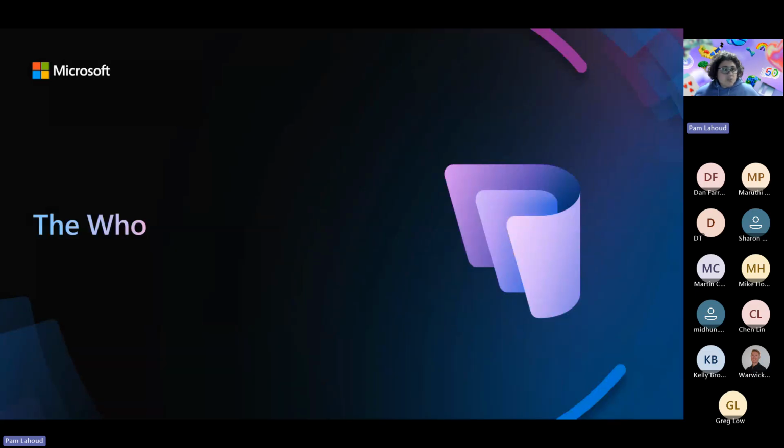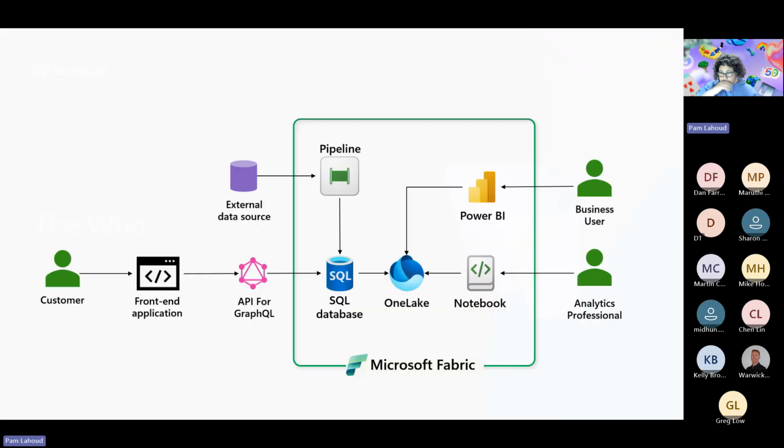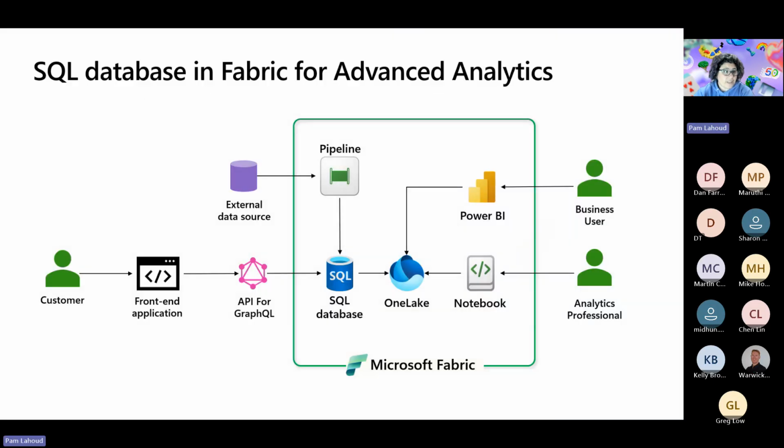So who's going to use this thing? Well, like I said, because of the simplicity, it's really great for developers. But the first people who started using SQL database in Fabric were really people who were already in Fabric, who were doing analytical use cases, but who had a need for some transactional data.